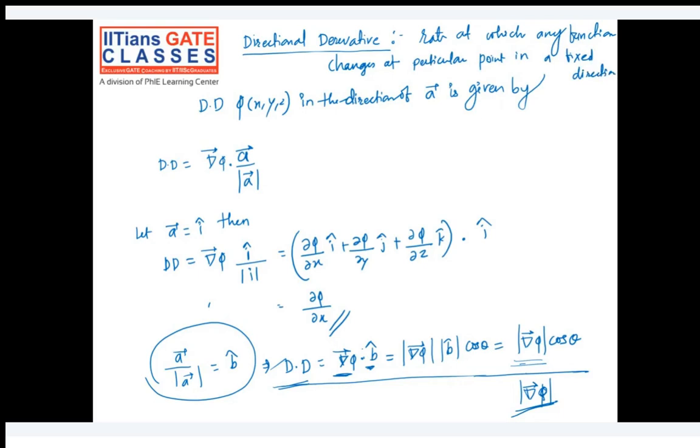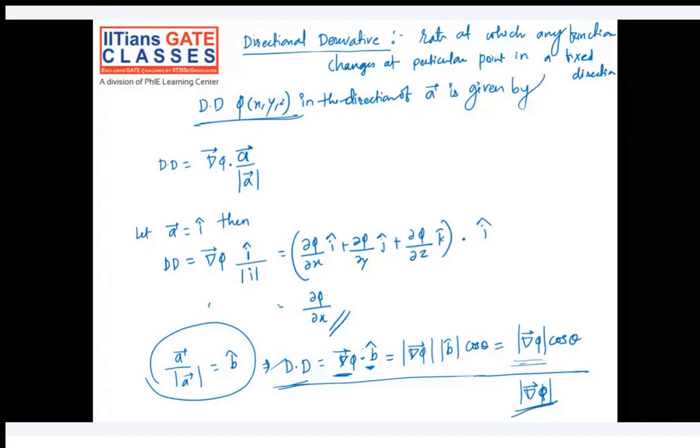So if you want to calculate the directional derivative of the function phi of x comma y comma z, first of all, in which direction do we want it? In the direction of a bar, right? So what we want is how phi is changing in the direction of a bar.